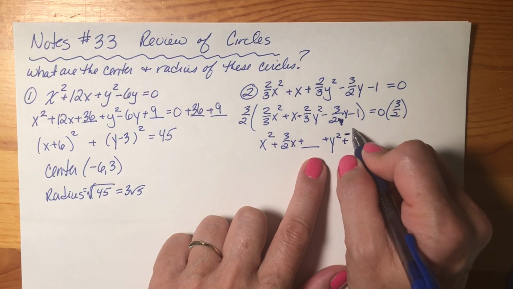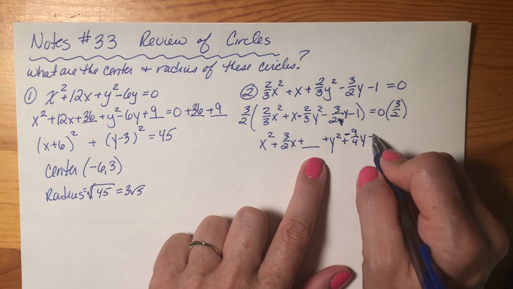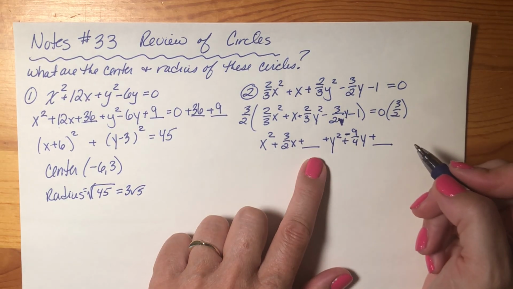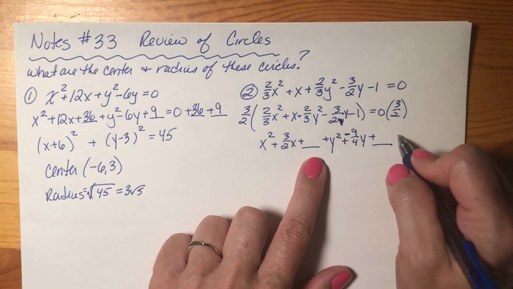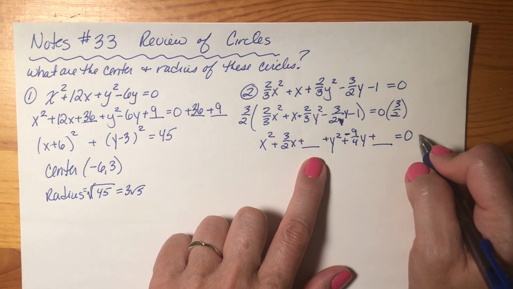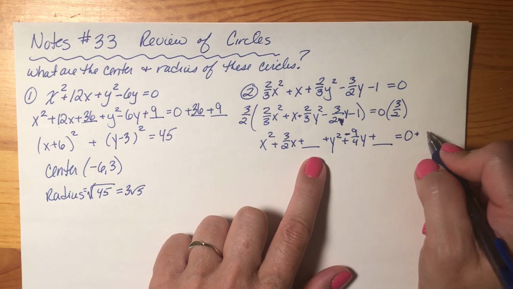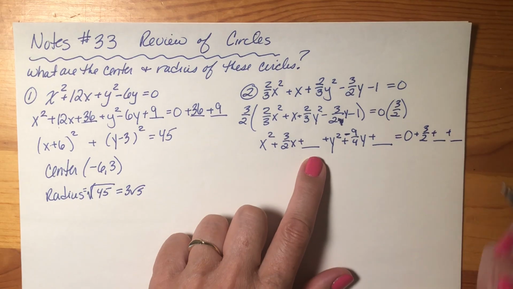I think it's a minus 9/4 y. I'm going to put the blank there because I know I'm going to complete this square. And I'm going to multiply by 3/2. Is it okay with you guys if I bring that right on over? That's going to be plus 3/2. And I'm going to have 2 blanks. I guess I didn't need the 0.